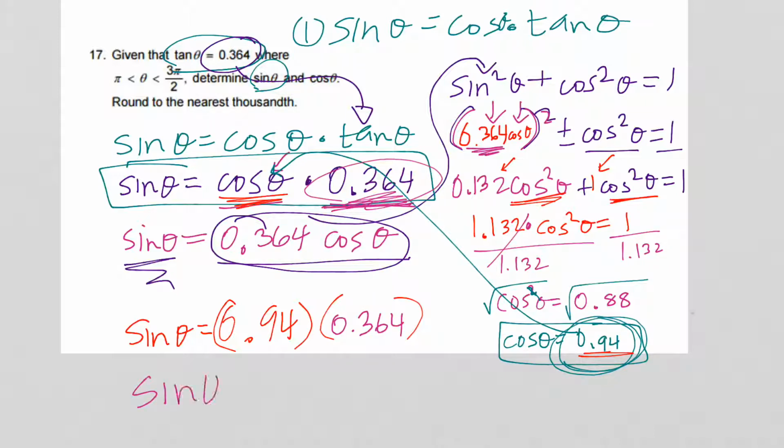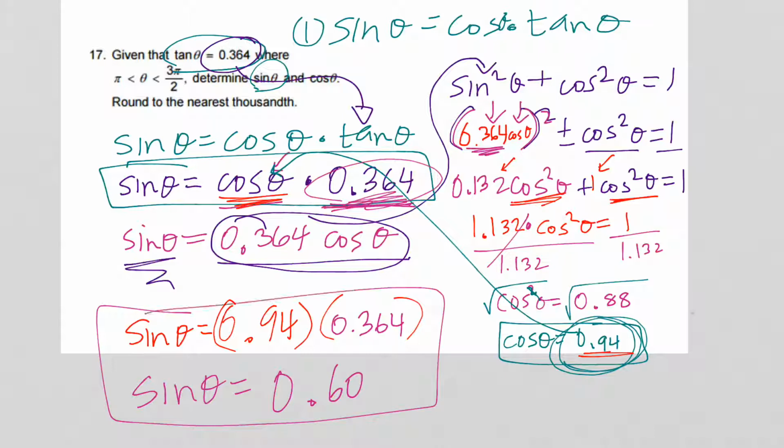So now I get sine theta equals 0.60. I forgot to do this part in class, but here you come back, you found cosine, so you come back, substitute it into the equation or even the original, but since you already have tan and we found cosine, you replace both of these to find sine.